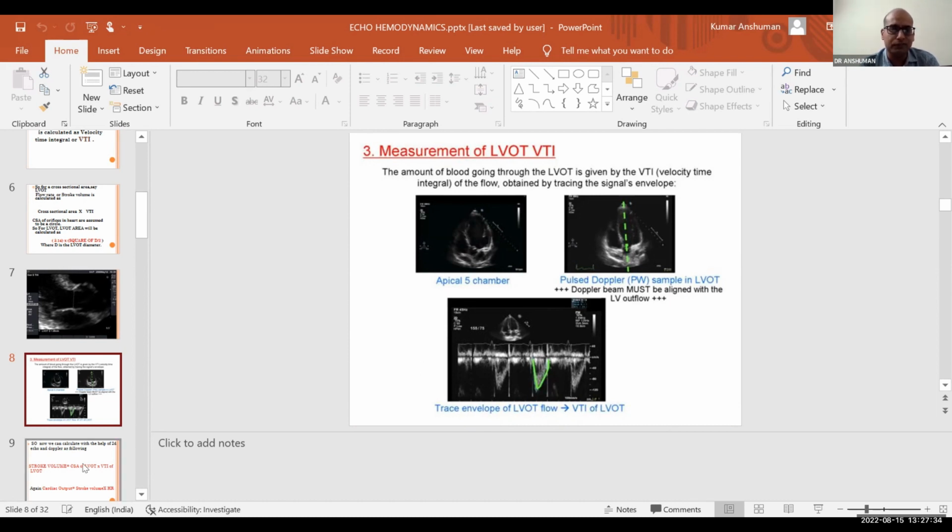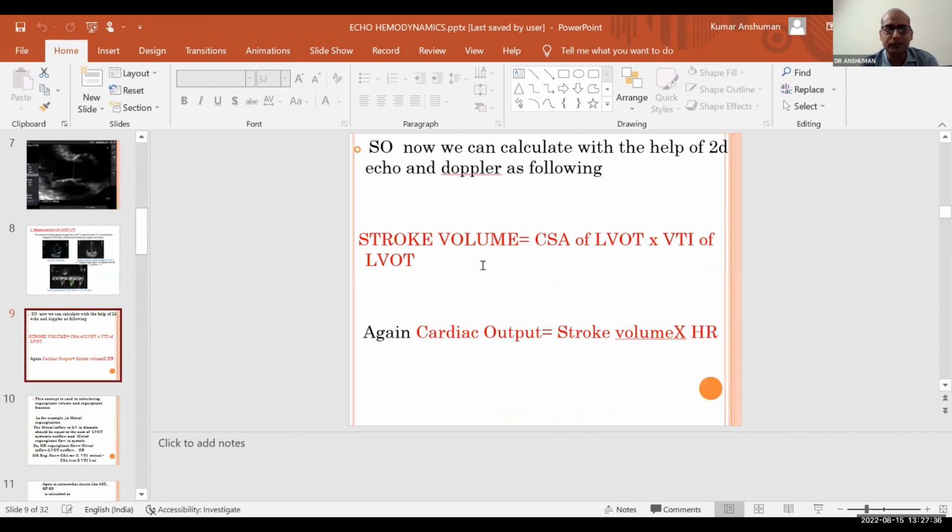If you multiply the LVOT VTI with the cross-sectional area we calculated with pi r squared, you get the stroke volume. When you have the stroke volume, you take the heart rate, multiply the heart rate with the stroke volume, and you get the cardiac output.